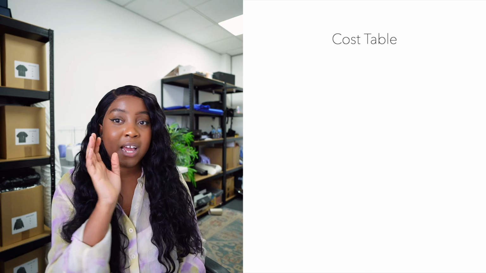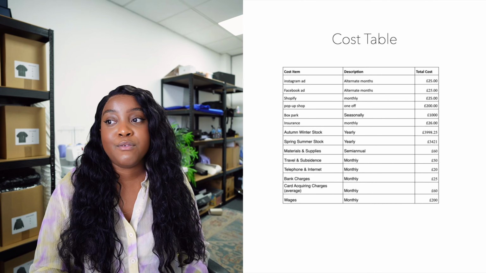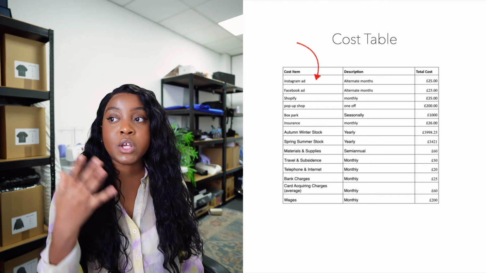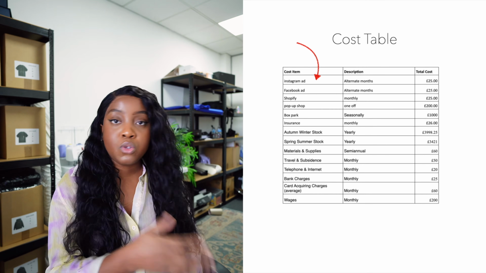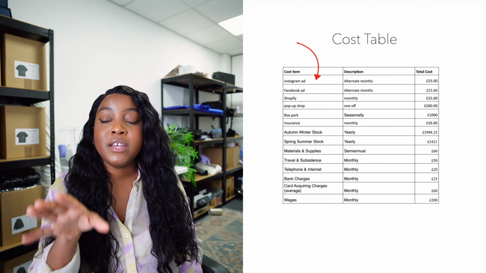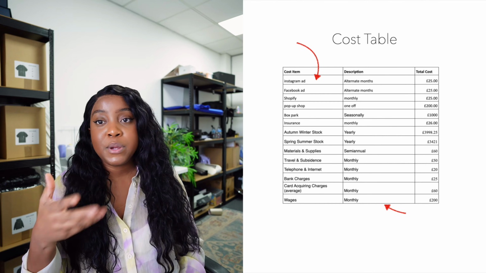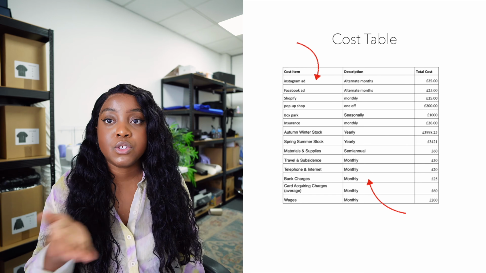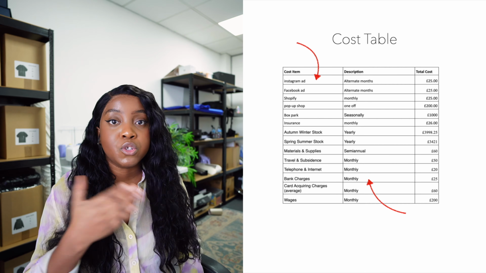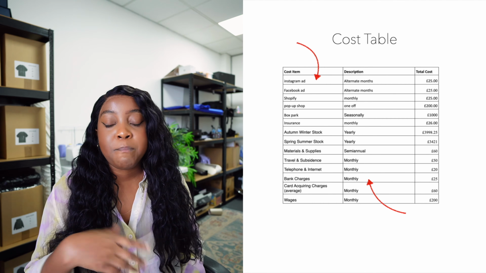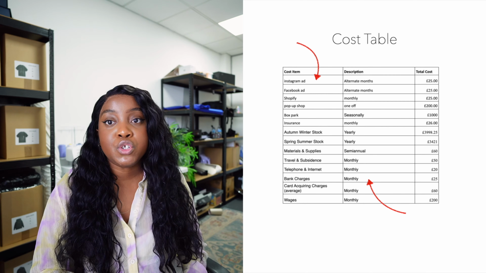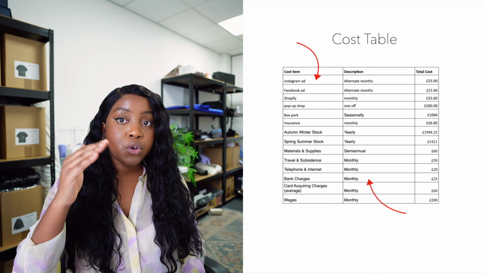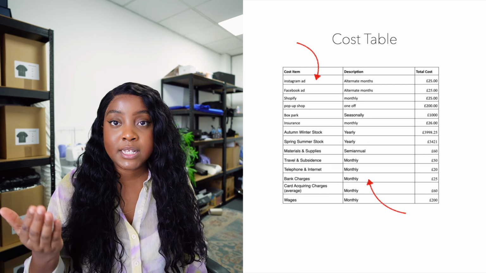Basically, it's just going to be 3 columns. You're going to have what it is that you're paying for, so like Shopify, stock, whatever. Then you're going to have in your middle column how frequently this cost occurs. So Shopify would be monthly, your stock might be annually or biannually, your photo shoots might be quarterly. So note how often those outlays are going to happen.